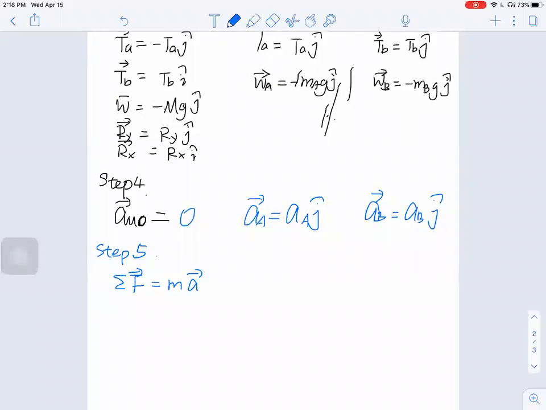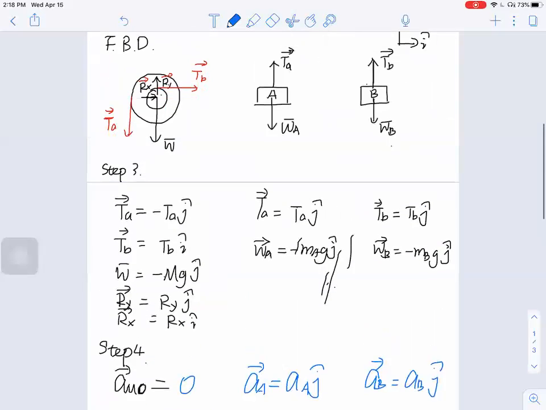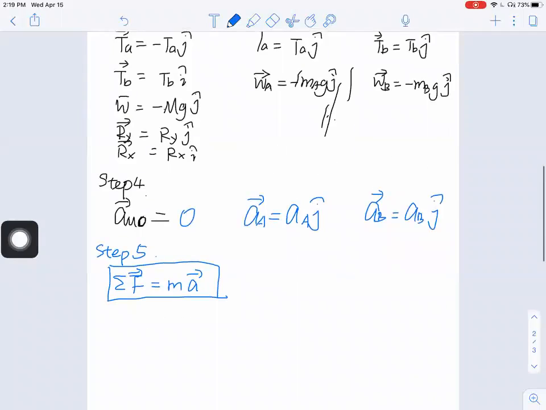So let's apply this equation, Newton's second law, to each mass. For the first free body diagram here, we can apply Newton's second law since we have those forces in the I and J directions. So then you can end up with the equations in I and J.